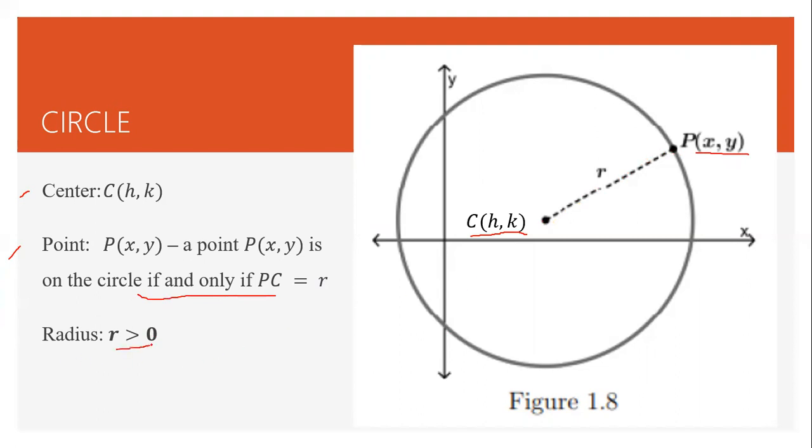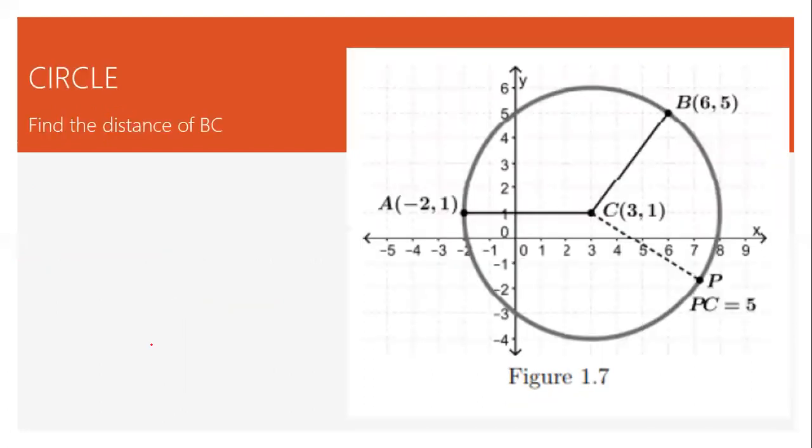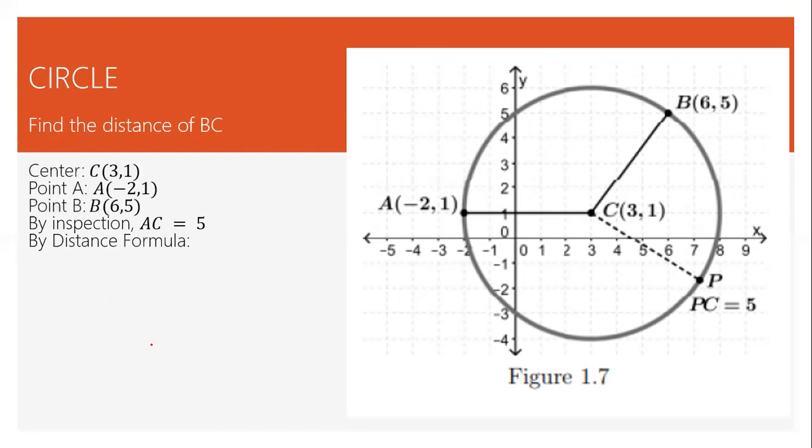And our radius must be greater than 0. Okay, we will find the distance of BC. Center C is (3, 1) in our figure 1.7. Point A is (-2, 1). And point B is (6, 5).